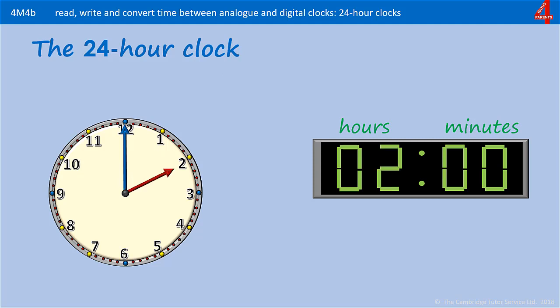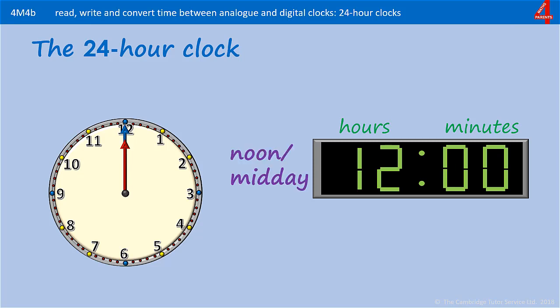And that continues throughout the morning. Each hour, hours will go up by 1. And then when we get to midday, it will show 12 o'clock, 12 hours since midnight. And this is noon or midday.